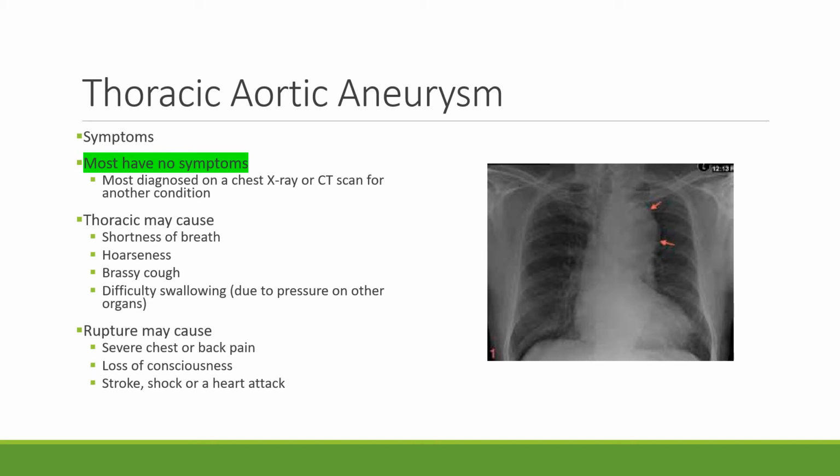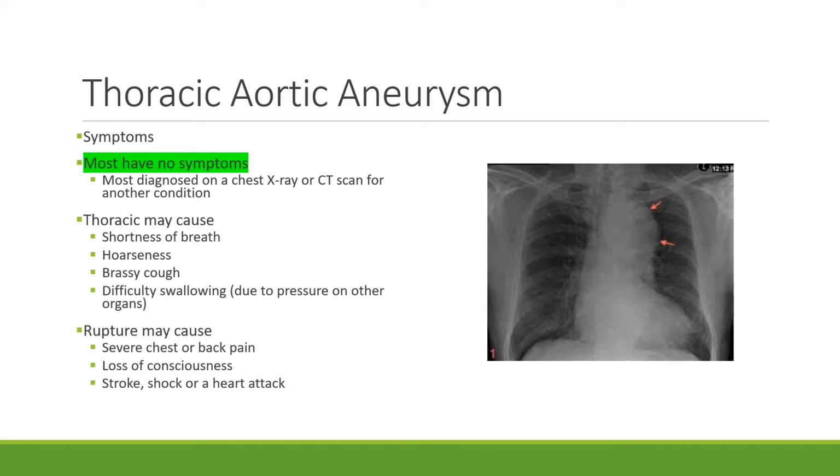Symptoms of a thoracic aortic aneurysm vary depending on what part of the aorta has the aneurysm. And as it grows, it can press upon nearby structures. So the ascending aorta and the aortic arch aneurysms can cause angina from decreased blood flow to the coronary arteries.